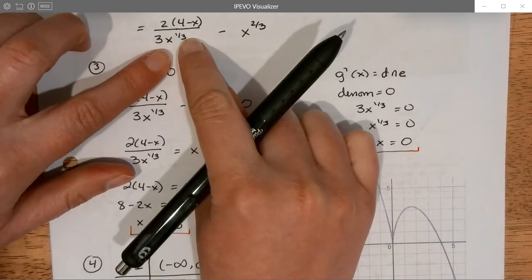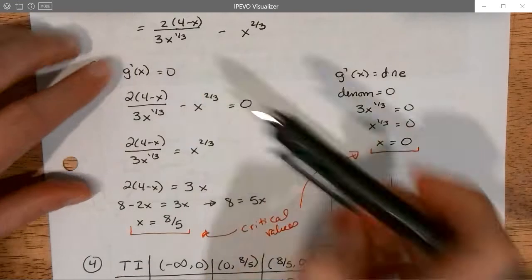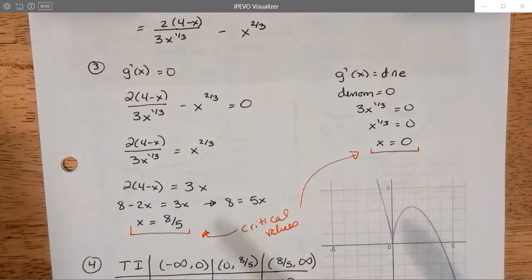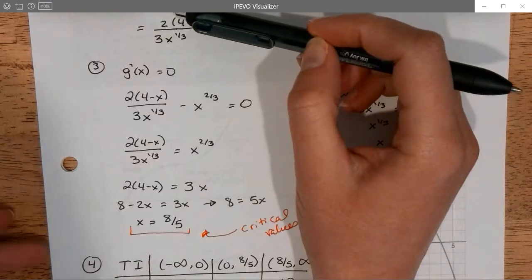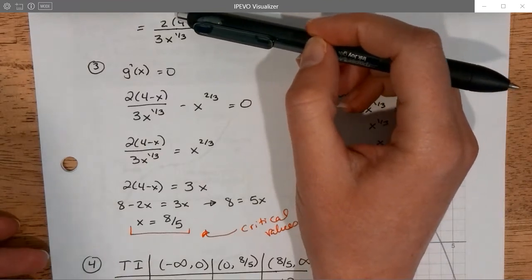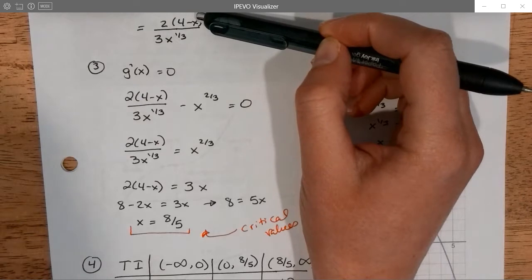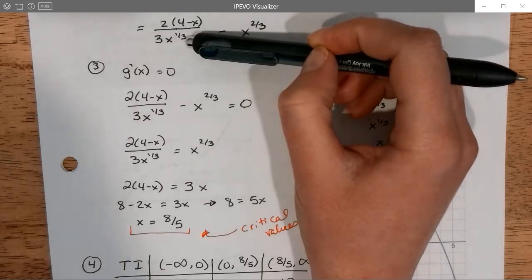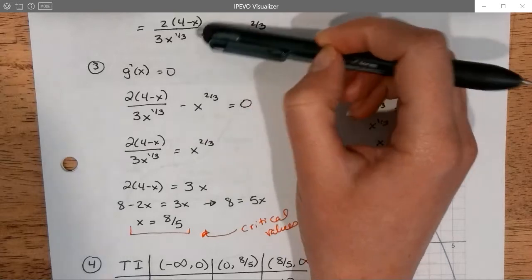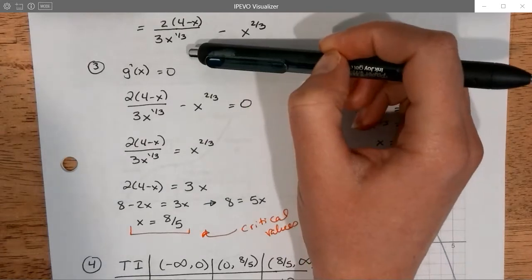I'm just looking at sign here. So when I plug in -1, I have 4 minus -1 is 5. 2 times 5, plug in -1, that's -1. So this whole thing becomes negative. It's negative something.